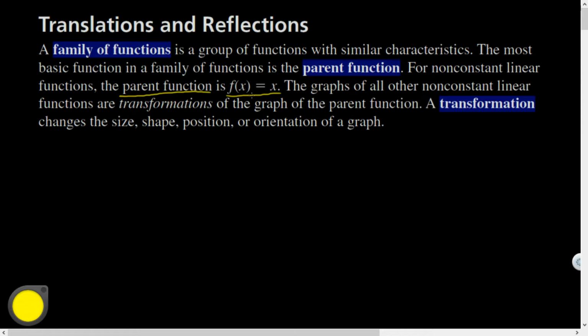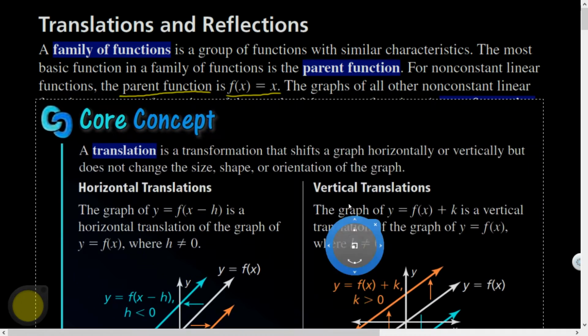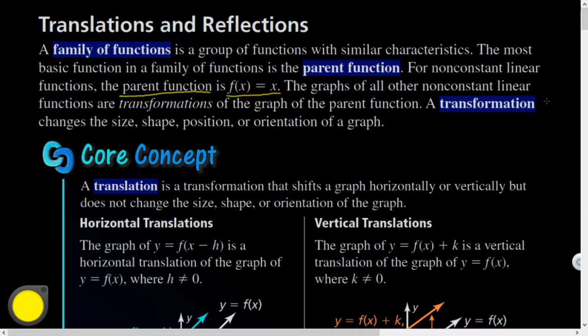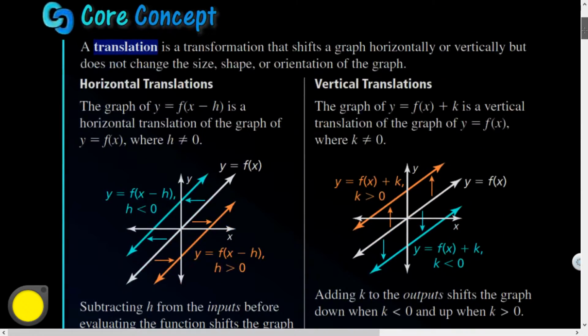So if I modify this by stretching it and pulling it and flipping it and shifting it around, that's what I'm talking about when I say transformations. A transformation changes the size, shape, position, or orientation of the graph. Our first type of transformation that we're going to talk about today is a translation.